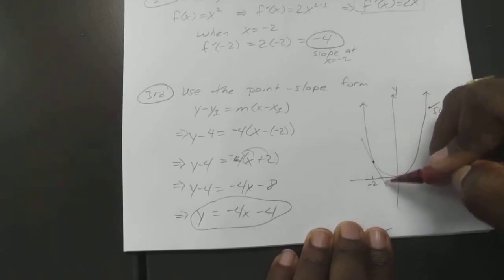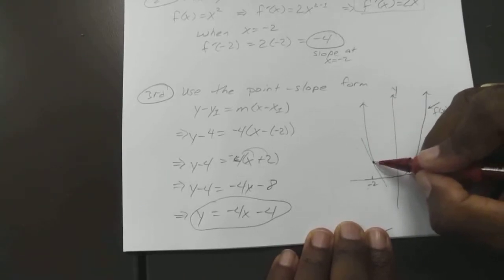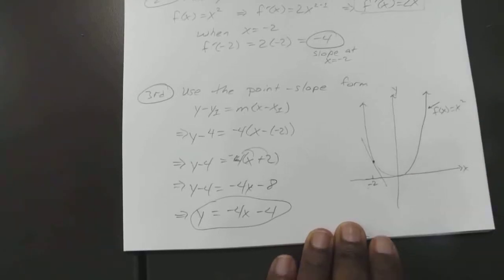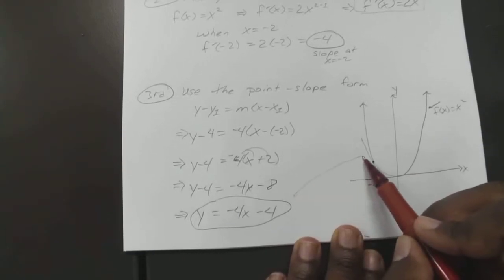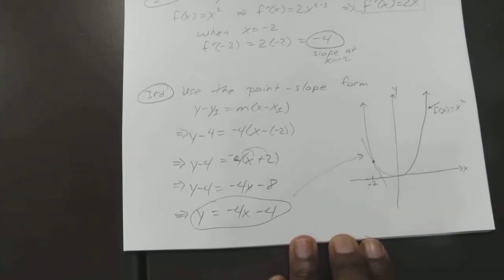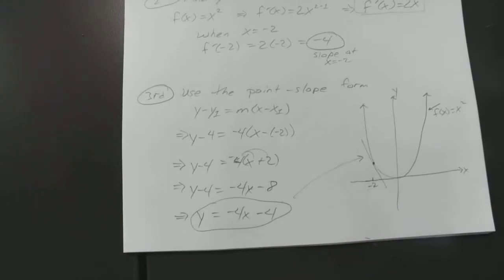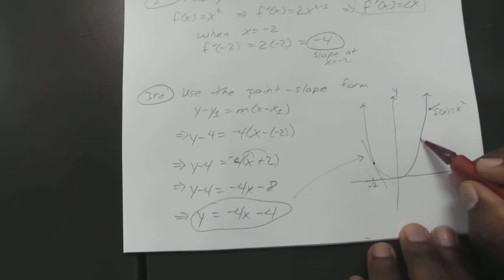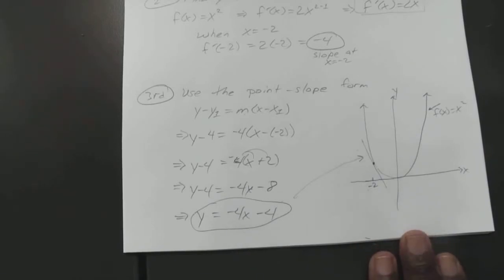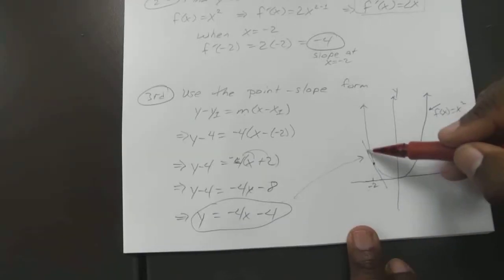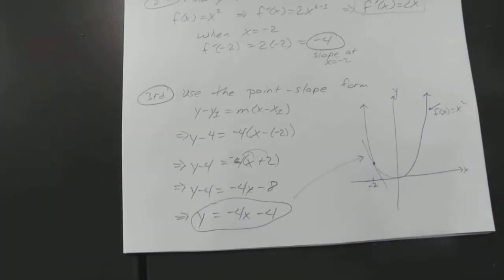Remember, the tangent line is supposed to barely touch at that point. This is the graph of that tangent line. If you were to pick the tangent line at x equals 4, it would have given you a graph over here somewhere, which would have been completely different. But this is actually the graph of negative 4x minus 4.